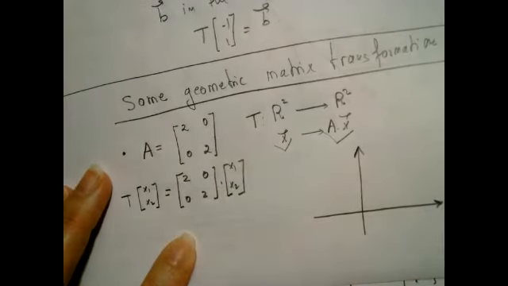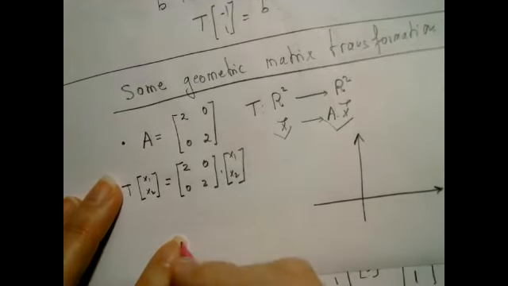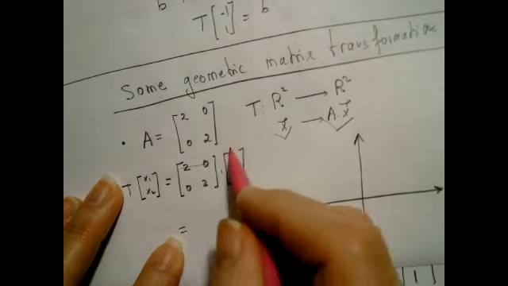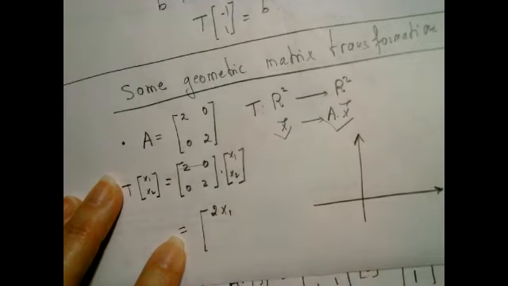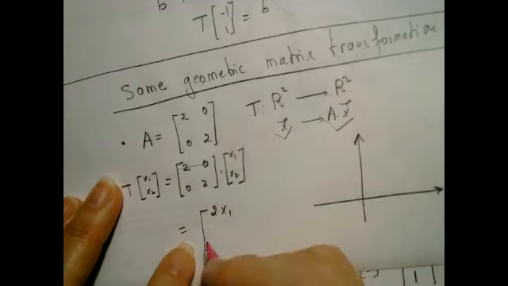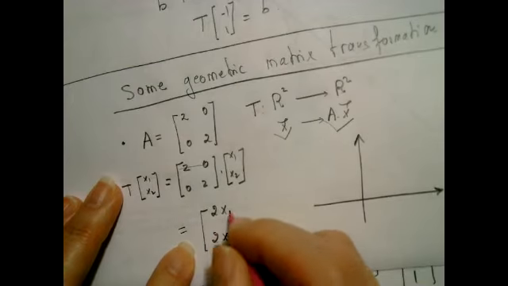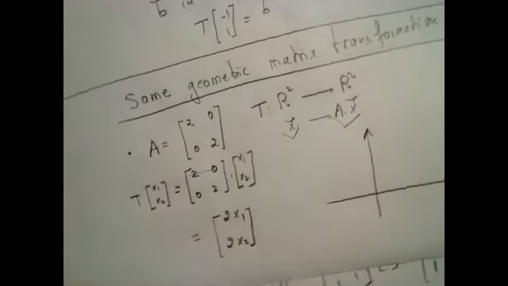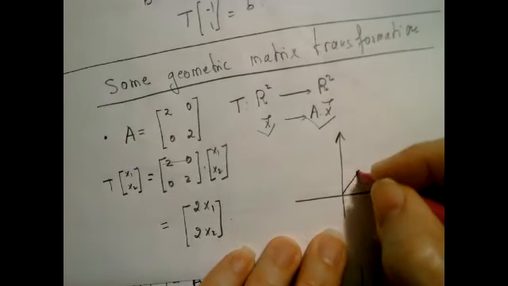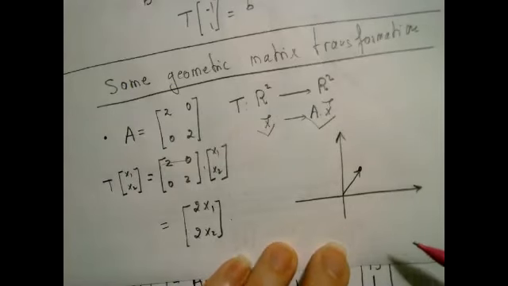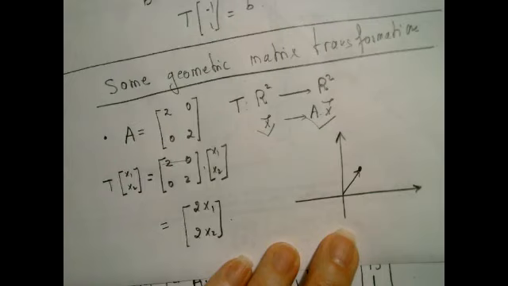Okay, but this is going to be equal to what? Let us multiply them. Row, column: 2x1 plus 0x2. Okay, so back to you now. This is my vector x1, x2. What does this transformation do to this vector, geometrically?